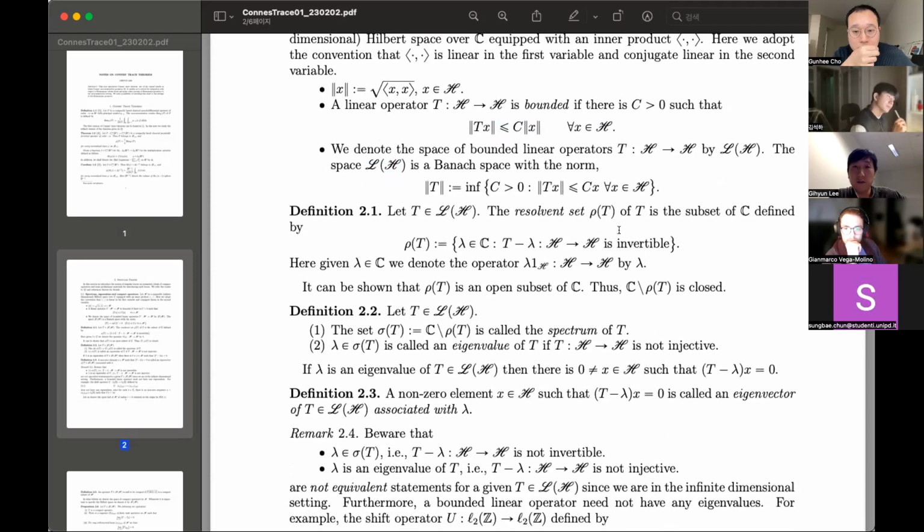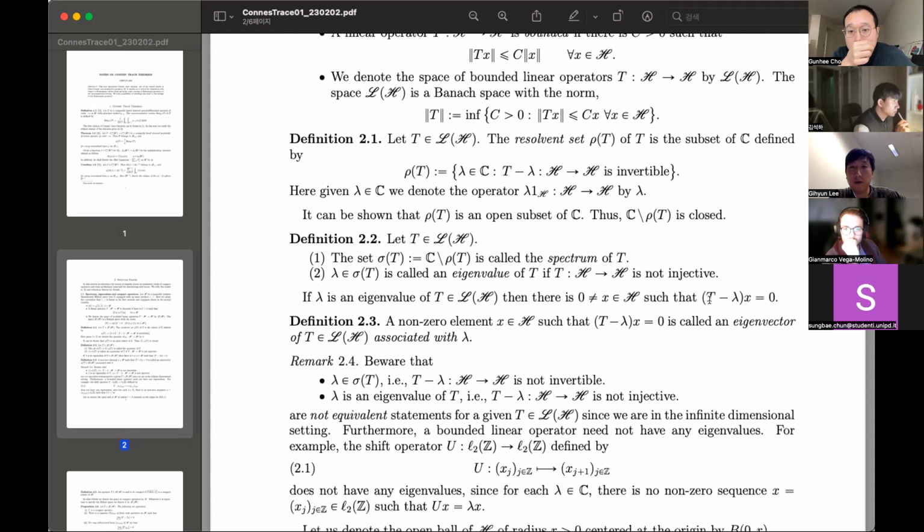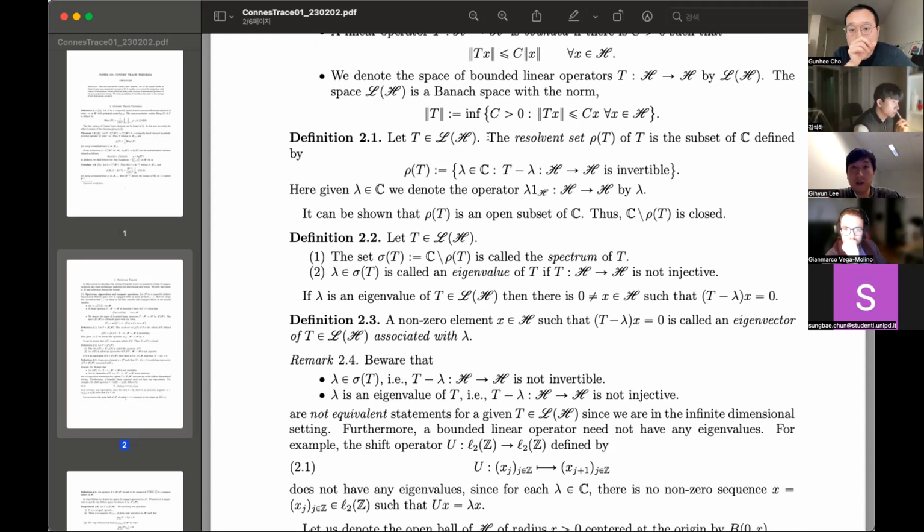Okay, and for a bounded linear operator, we can define the notion of the resolvent set, which is the subset of the set of complex numbers defined like this. So rho T is the collection of complex numbers lambda such that T minus lambda is an invertible operator from H to itself.